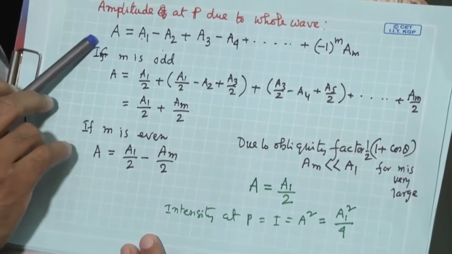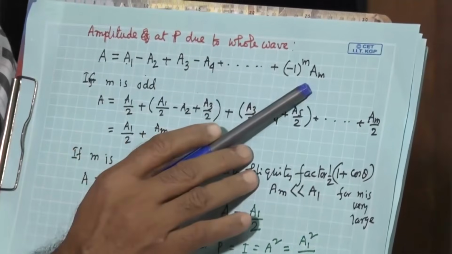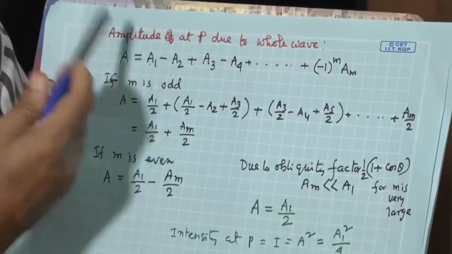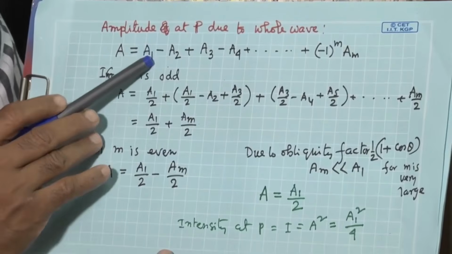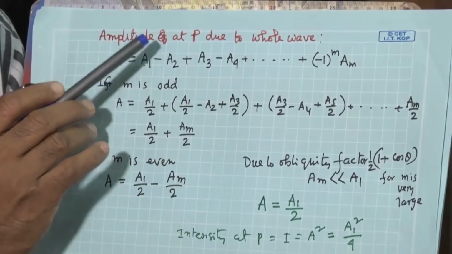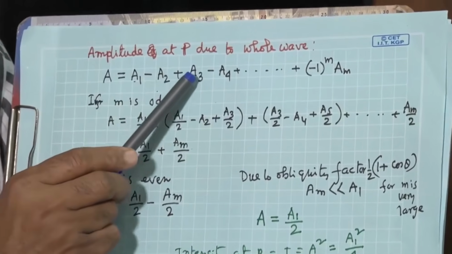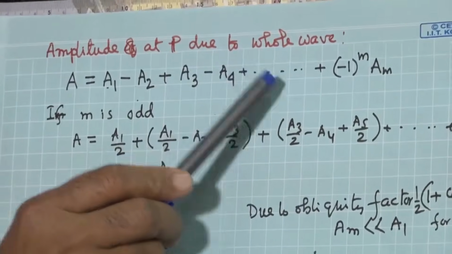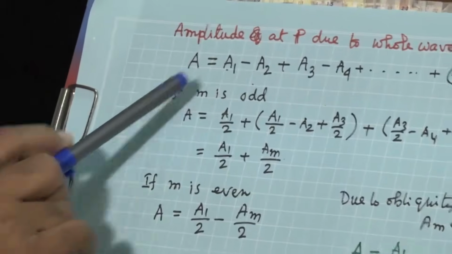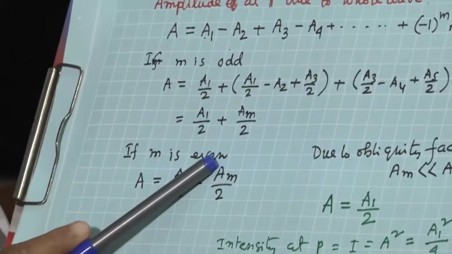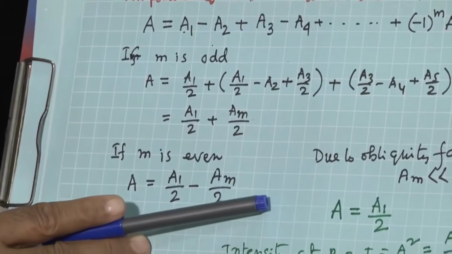So we can add the individual amplitudes: plus A1, then minus A2 because they are in opposite phase, then plus A3, minus A4, plus A5, and so on up to m. Whether m is odd or even, I will not describe here, it will take time.